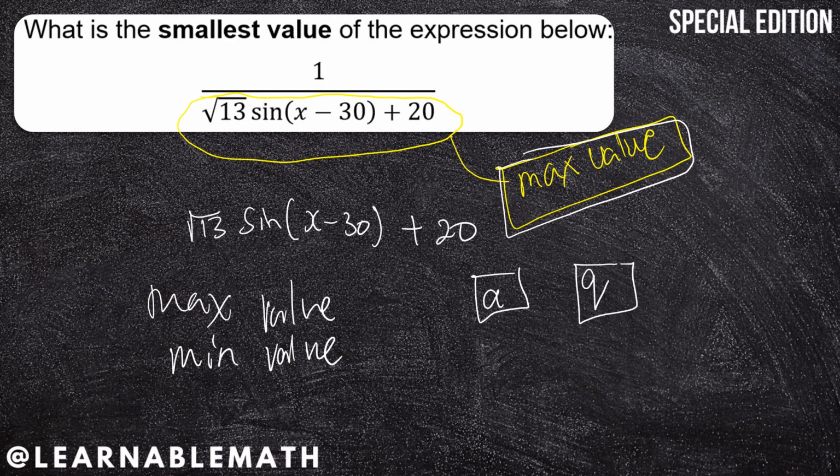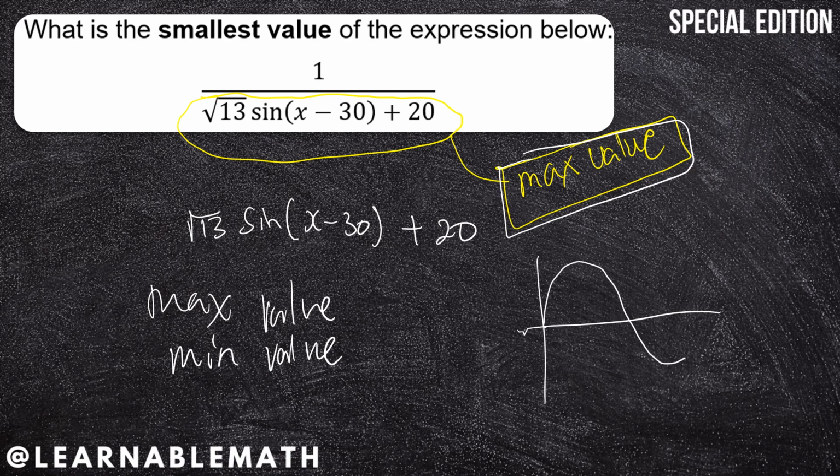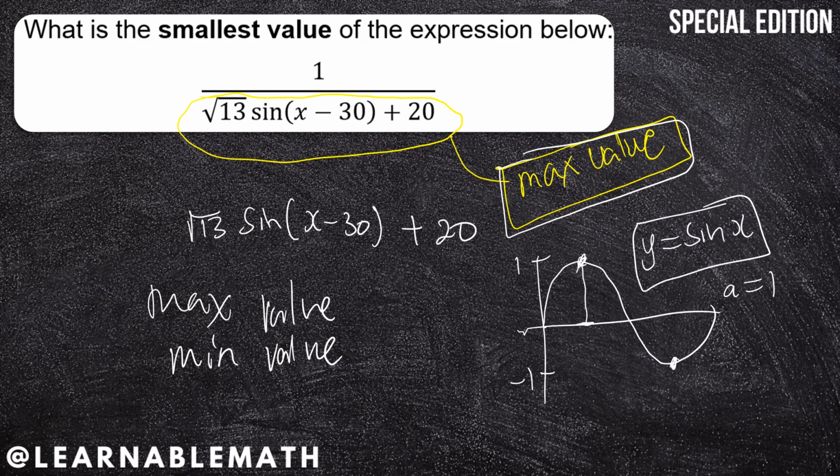For example, if you have y equals sine x, we know the maximum is 1 and the minimum is minus 1. From this function, you can deduce that the amplitude is 1, the half distance from the maximum to the minimum.